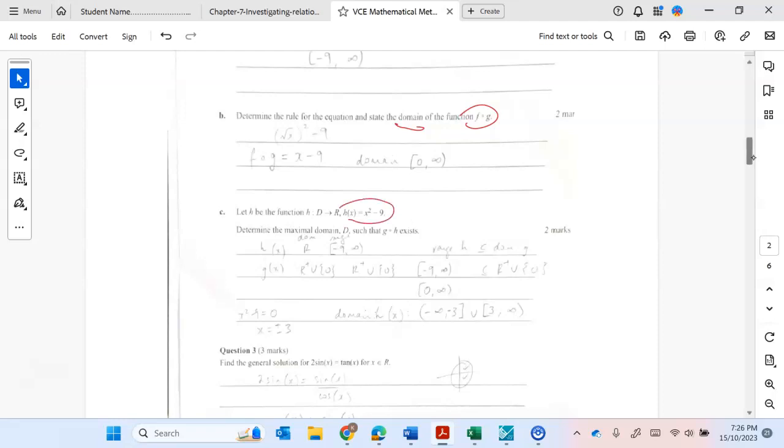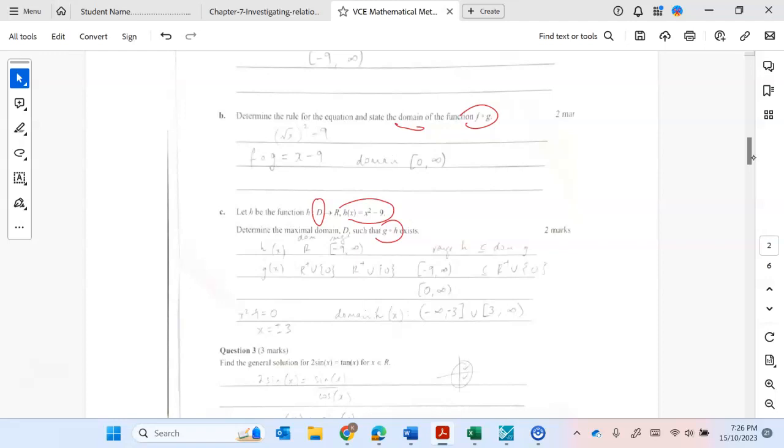Now, this is the same as f, but this time we've got a restricted domain. So we want to find the maximal domain such that the composite function exists. So g of h this time instead of f of g or h of g, because f and h are the same. So when you get a question like this, you do need to realize that clearly it's not defined.